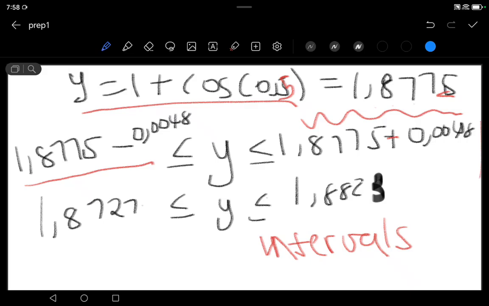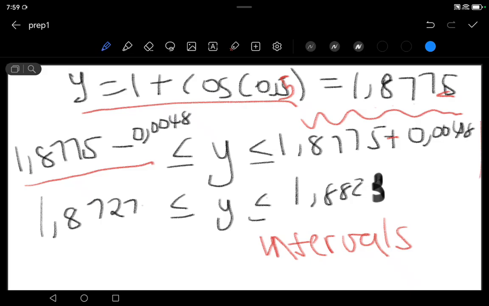I'm getting 1.0072. Yes. Great. And then we're going to subtract 0.0012 on the left and add on the right, and that's your interval. Then we're done with number D.